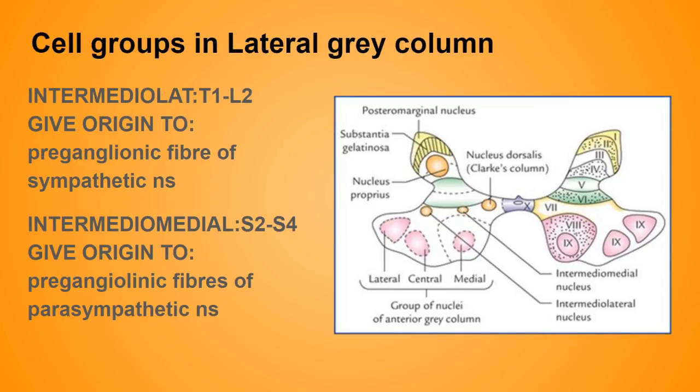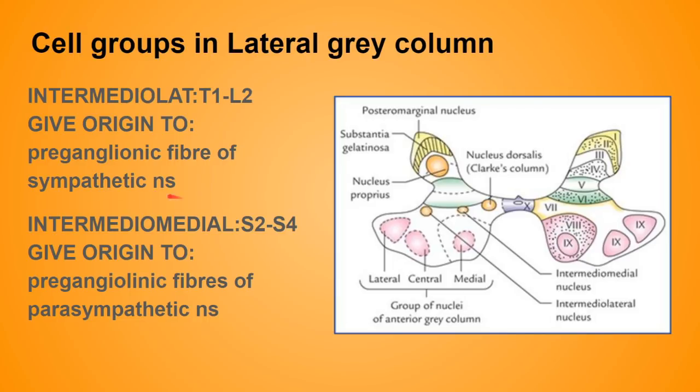Now the cell groups in the lateral gray column are mainly two, intermediolateral and intermediomedial. First of all, the intermediolateral nucleus extends from T1 to L2 segments of the cord and gives origin to, remember, preganglionic fibers of the sympathetic nervous system. That means the thoracolumbar outflow, which leaves the cord along with the anterior nerve roots.